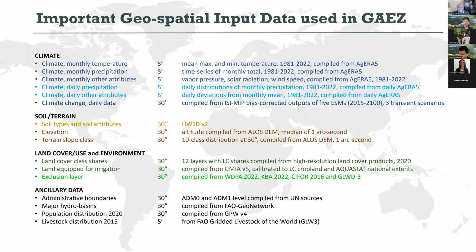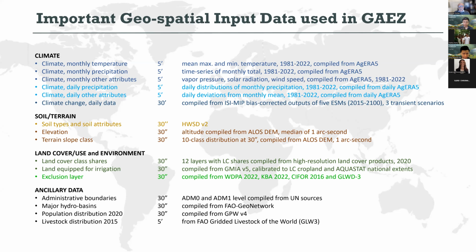We also use what we call an exclusion layer, which is areas which are either under legal protection or are considered of high biodiversity value. And we use data sets from the World Database of Protected Areas from 2022, Key Biodiversity Areas, the C4 wetland data sets, and another wetland data set.